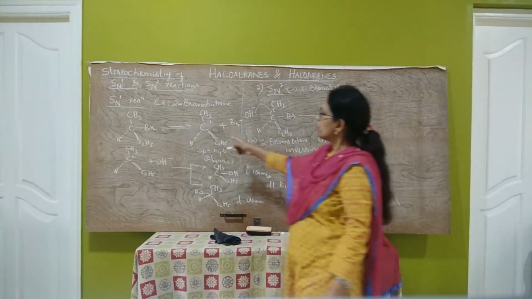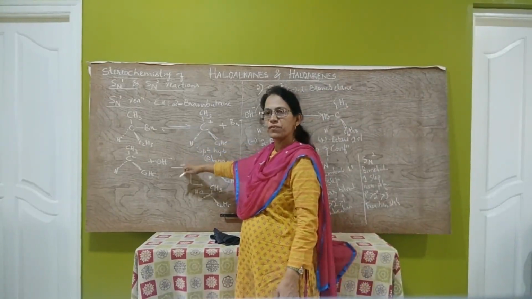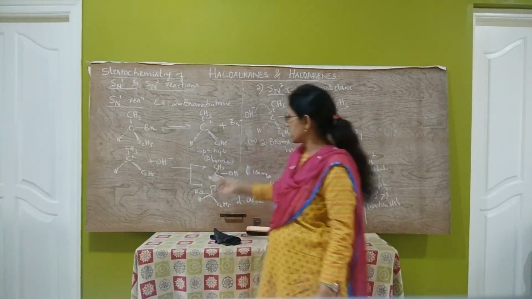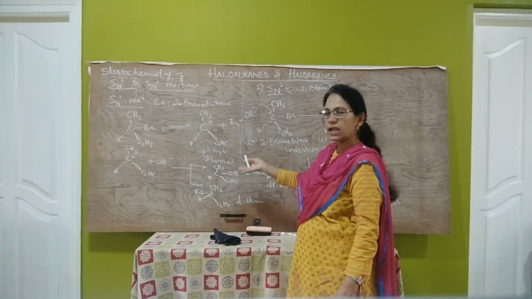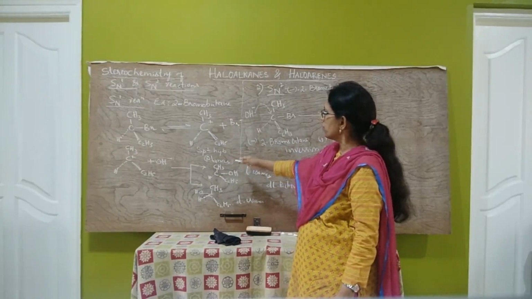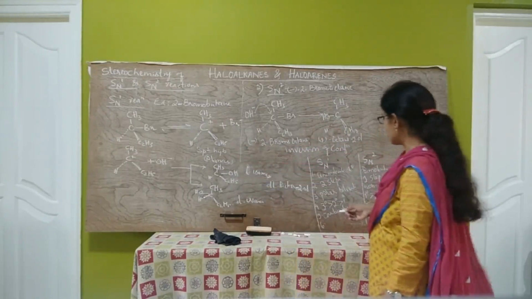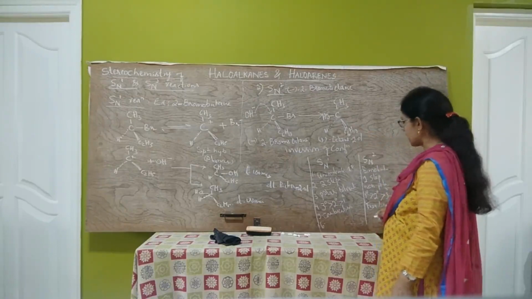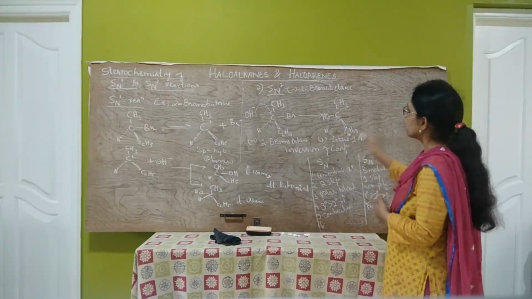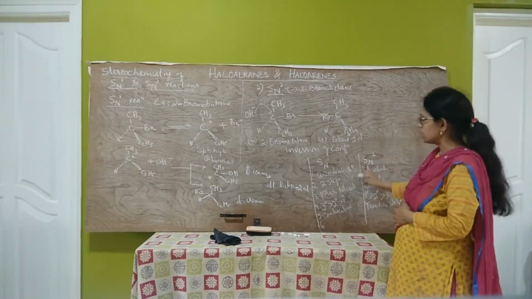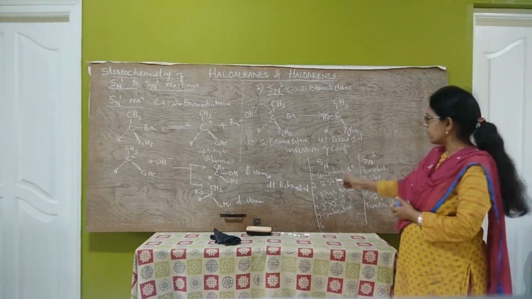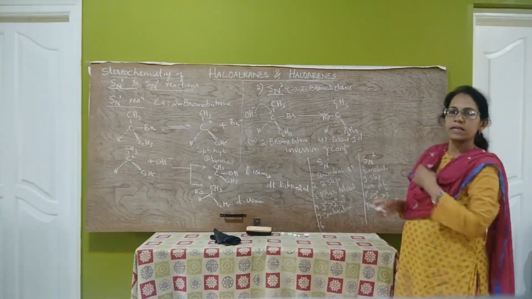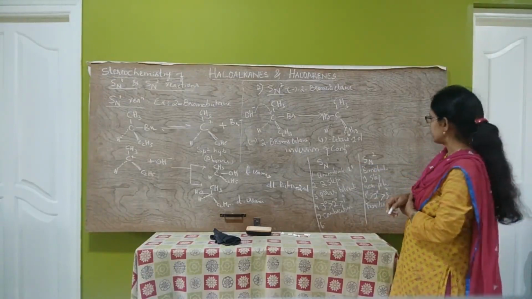Here the nucleophile can attack both from front side as well as back side. That is, front side and back side attack of the nucleophile is possible. Here, nucleophile can attack from both the sides, whereas in SN2 mechanism, nucleophile can attack only from the opposite side. So, these are the differences between SN1 mechanism and SN2 mechanism.